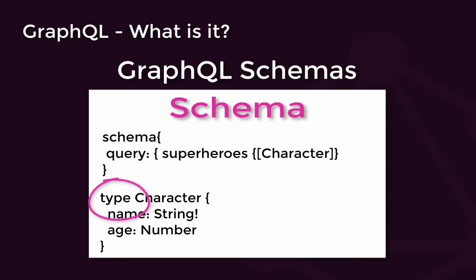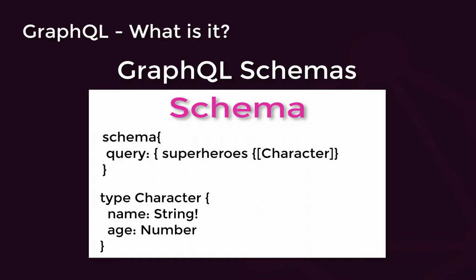Next, we see the character type definition. It has two fields that show both the field name and data type. You'll see one for name and one for age. The only thing that might be strange is the exclamation point after string. This just says that the field named name will contain string values, and the exclamation point says that every field that returns must contain an actual value.